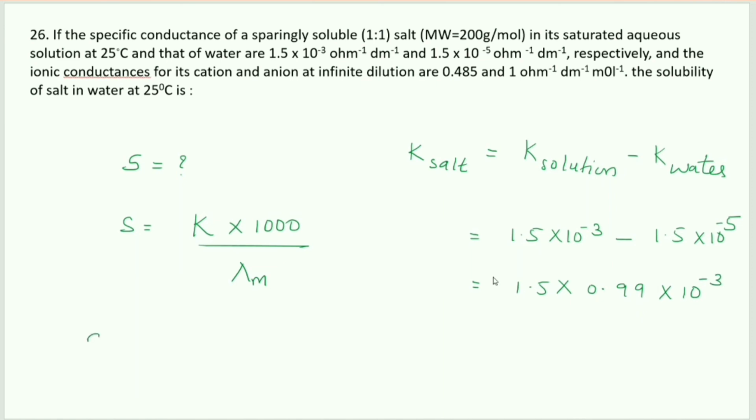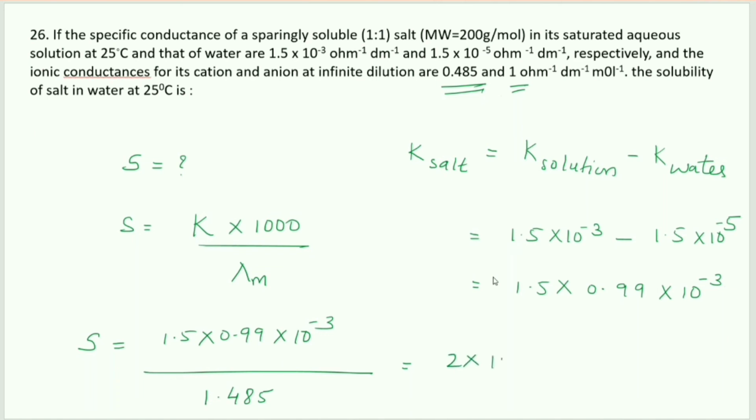Substituting this in S, conductivity 1.5 × 0.99 × 10^-3 divided by molar conductivity, that is 0.485 and 1 for cation and anion. Adding this, 1 plus 0.485 equals 1.485. Solving this, we get 2 × 10^-1 gram per liter.